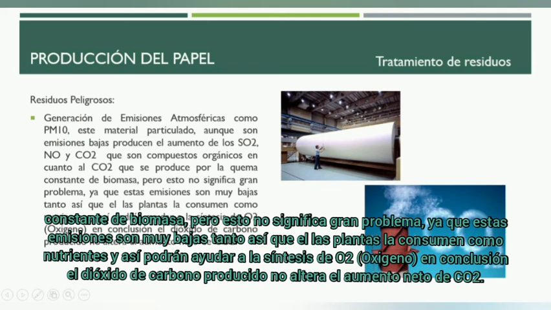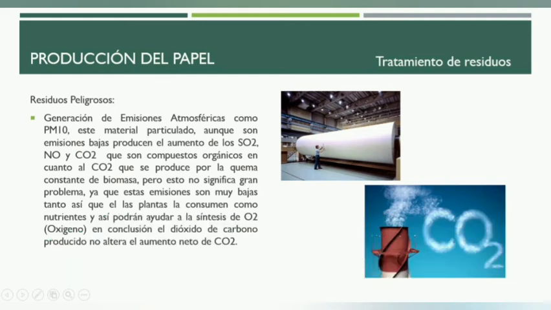But this does not mean a big problem, since these emissions are very low, so much so that the plants consume these nutrients, and thus they can help in the synthesis. In conclusion, the carbon dioxide produced does not alter the net increase of carbon dioxide.